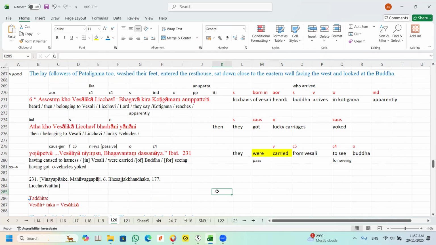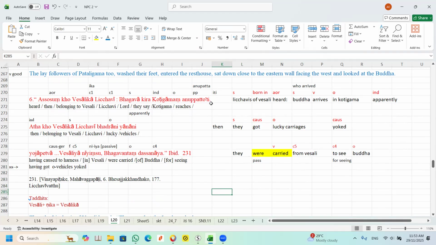Can we consider this a nominative absolute? Which part do you mean by nominative absolute? Like when the Buddha... No, cannot. Cannot be when, because the Buddha is a subject here, because of the icha base.